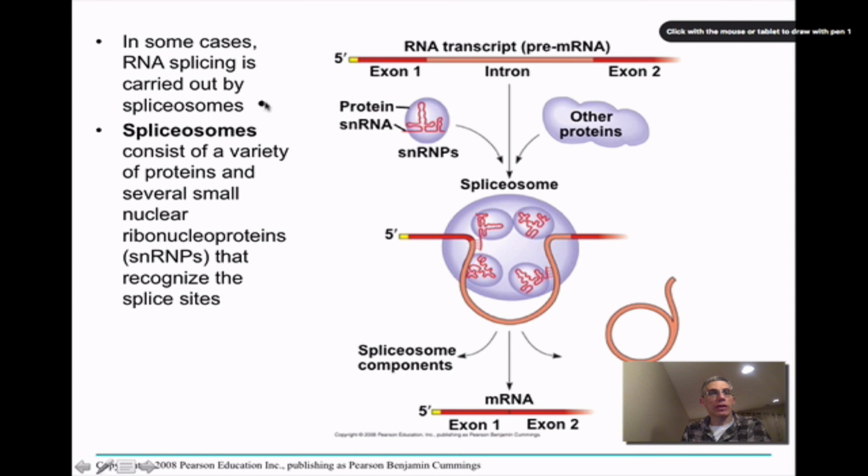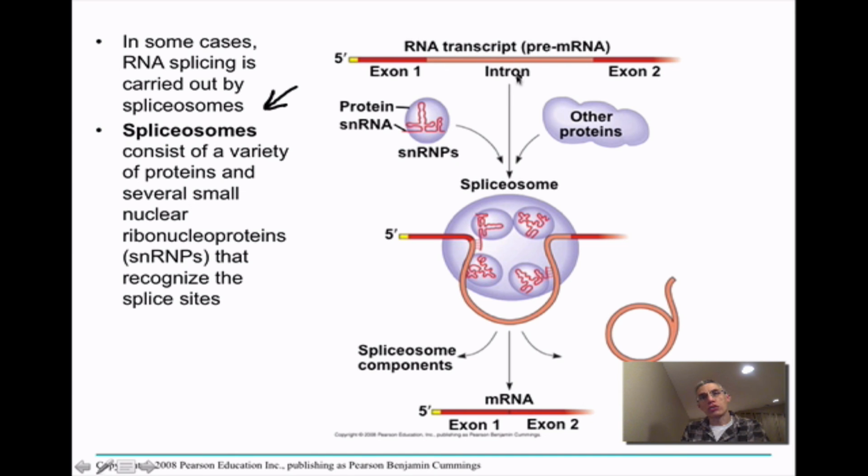strand. Now, in some cases, RNA splicing is going to be carried out by special molecules called spliceosomes. Spliceosomes consist of a variety of proteins and several small nuclear ribonucleoproteins, and these are going to recognize the splice sites. So over here on the right, this is just another example of an RNA transcript, again, pre-messenger RNA.